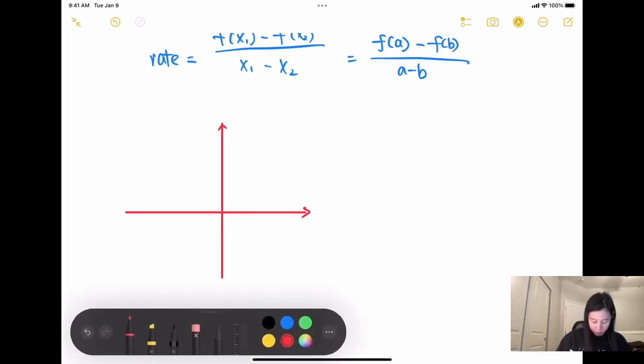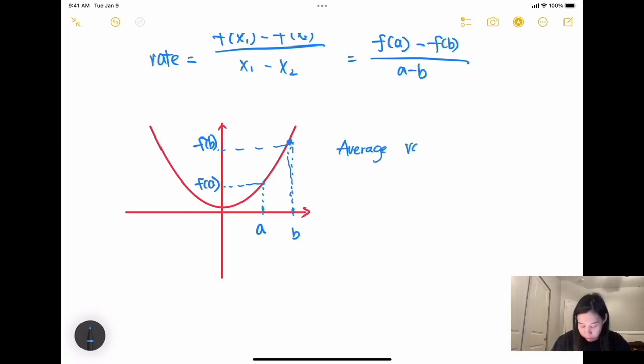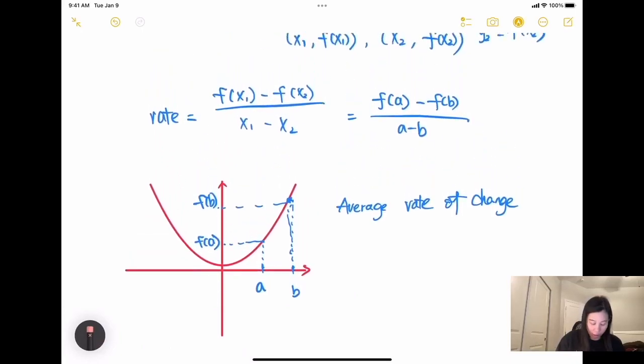Let's say this is point A, this is B, and this is our corresponding f of A. This is f of B. Okay, so when it comes to average rate of change, basically we connect these 2 points and find the slope.